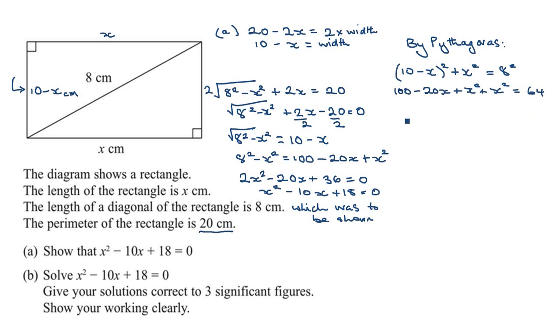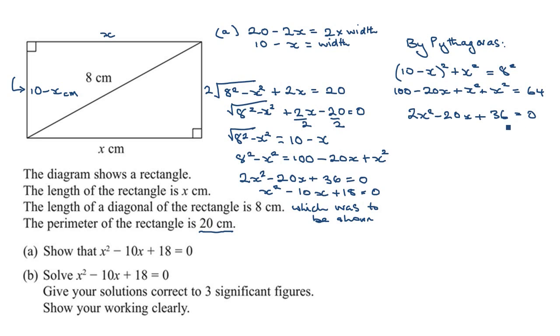And you can see it's going to resolve very similarly to the one over here. So we've now got 2x squared minus 20x plus 100 minus 64 is plus 36 equal to 0.